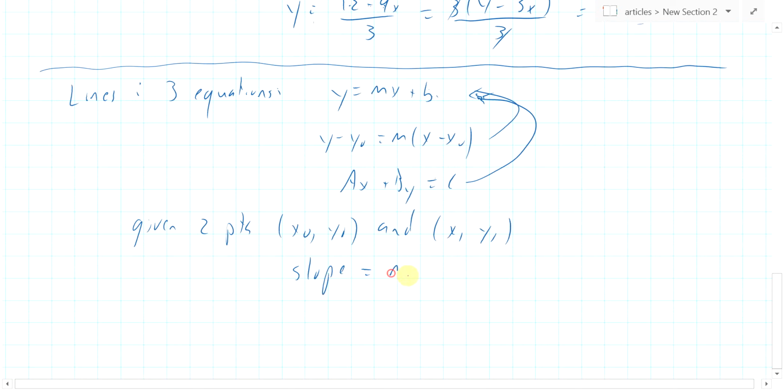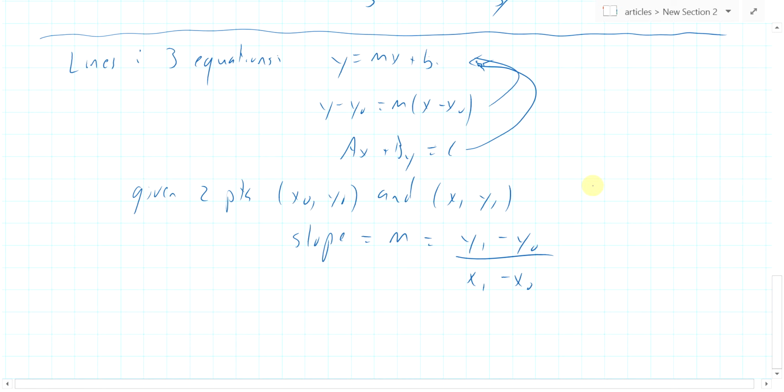And slope is usually called m, and so that's y1 minus y0 over x1 minus x0. And once you know a slope and a point, you can get the equation, use the point slope form.